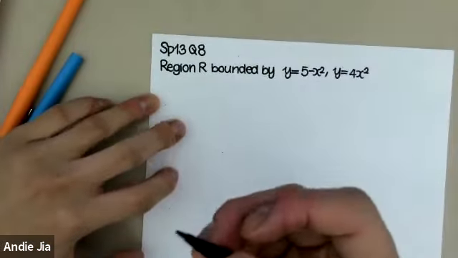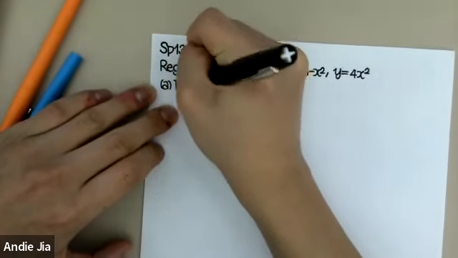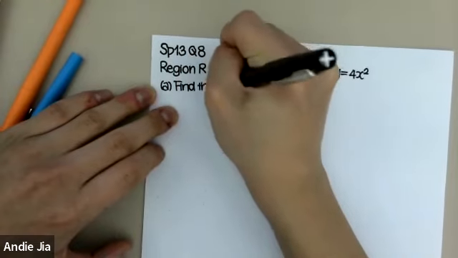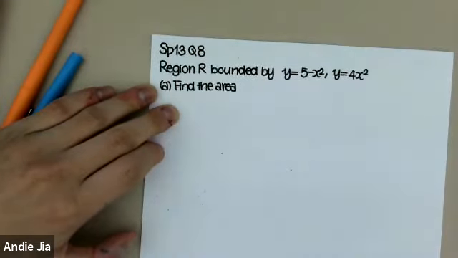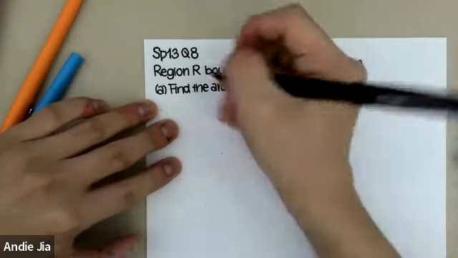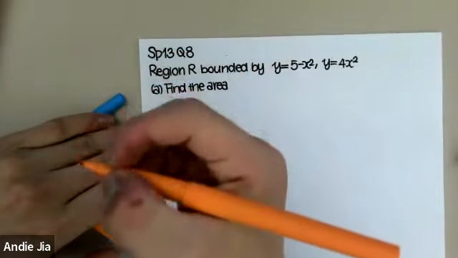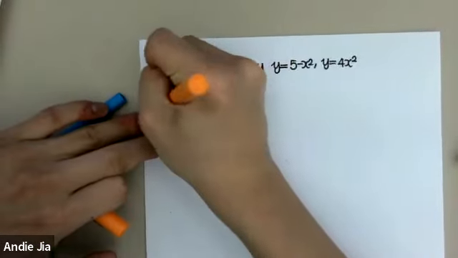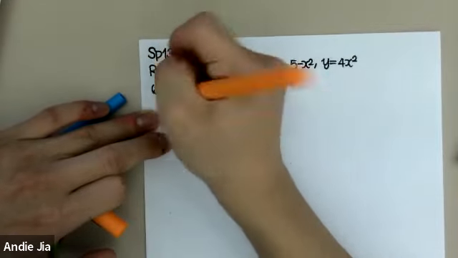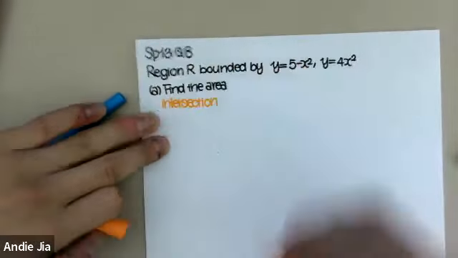So the first part is to find the area of the region R. So we set them equal to find the intersection.